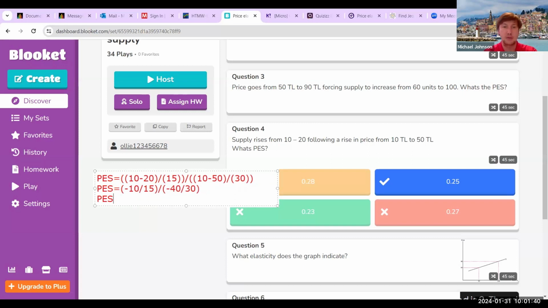And then price elasticity of supply is negative 0.67 divided by negative 1.33. And then to get that, I'll calculate that.